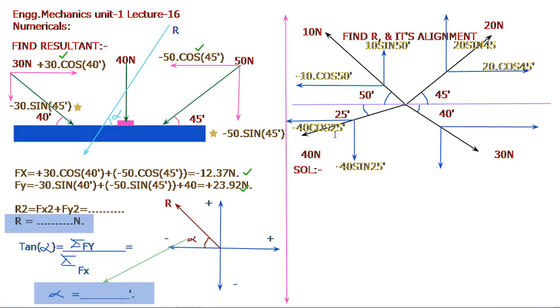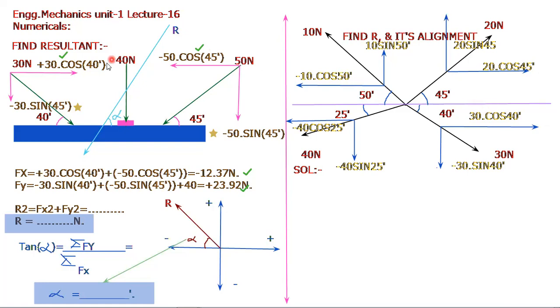Component of 40 Newton aligned with negative x-axis. Here also you have to write the 30 cos of 40 degree, and here you have to write minus 30 sin of 40 degree. So in this manner, we have split these all four forces into the 8 components.